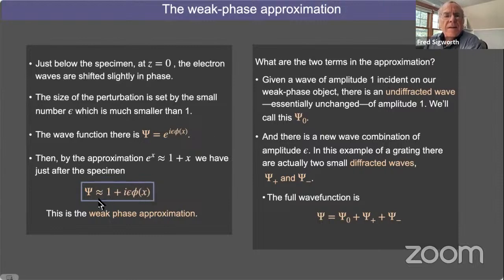So these two terms in the approximation have physical meanings. This one means, let's say, the undiffracted wave that goes straight through, and this thing that has an imaginary amplitude is the diffracted wave or diffracted waves. And in fact, for a grating, what we can say is here's the undiffracted wave, and there are 2 diffracted waves.